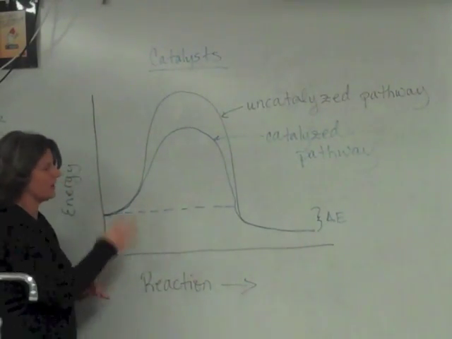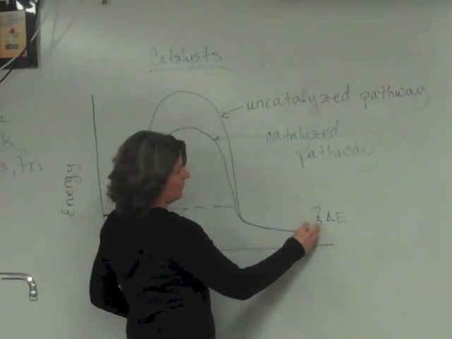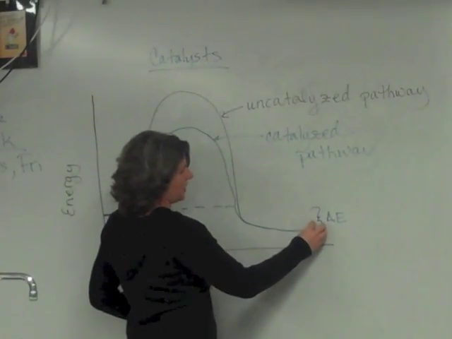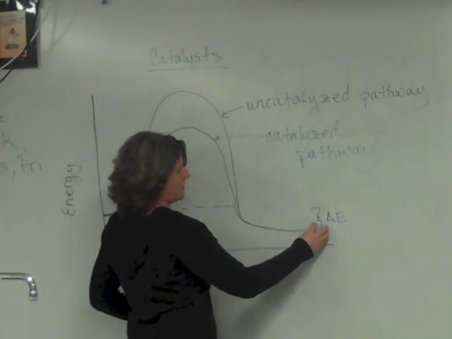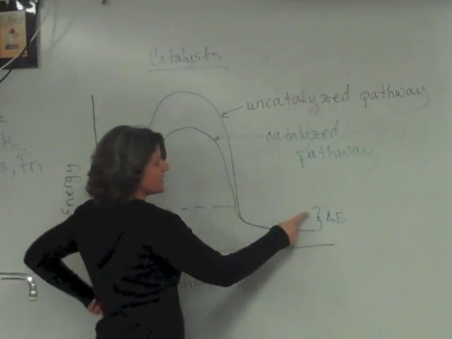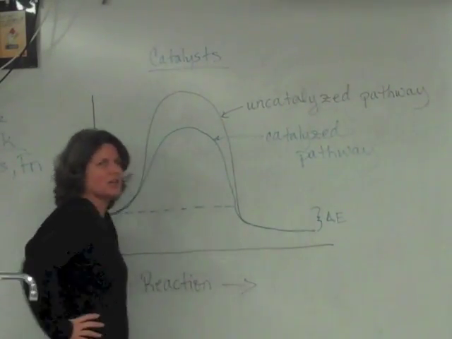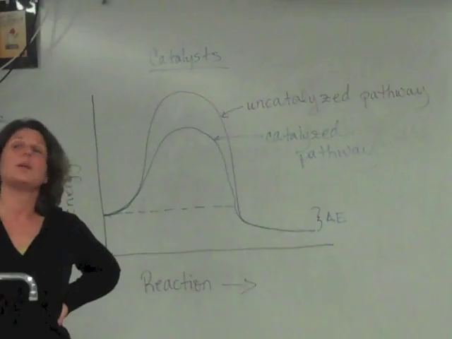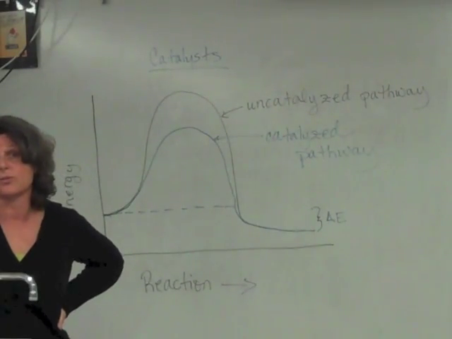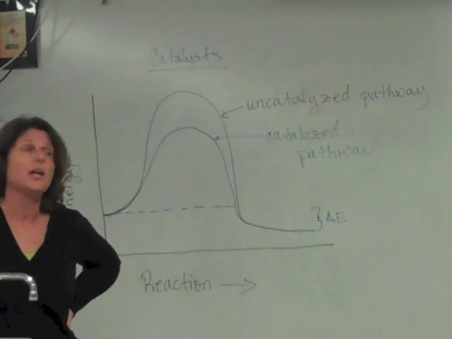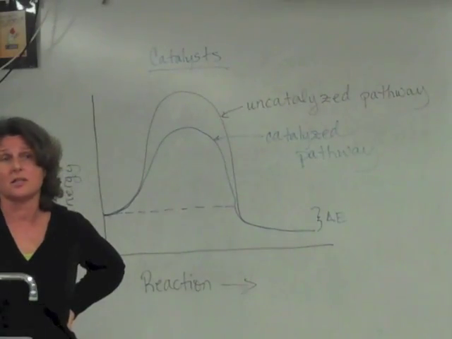It does nothing to the energy of products. So it does nothing to change the delta E, or as we like to say, the delta H of the reaction, the enthalpy of reaction. Enthalpy of reaction stays the same.